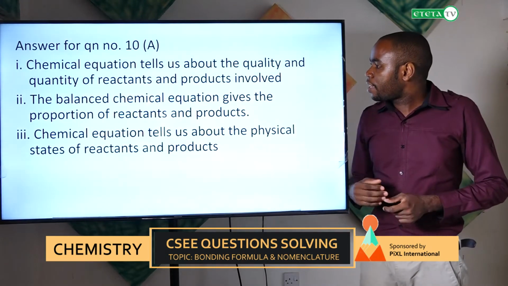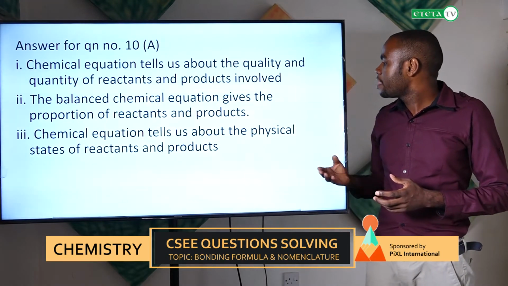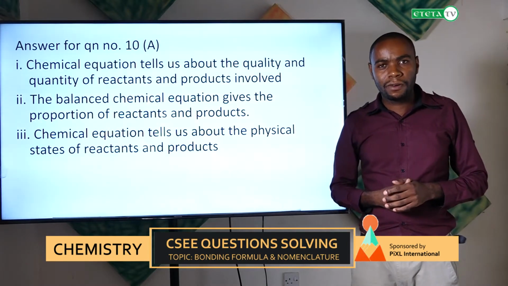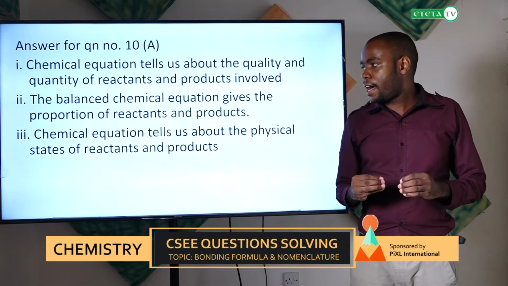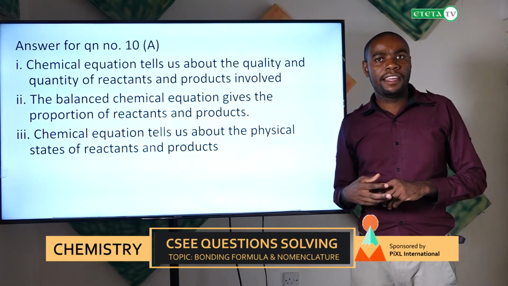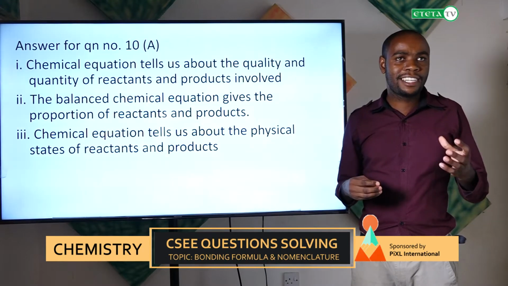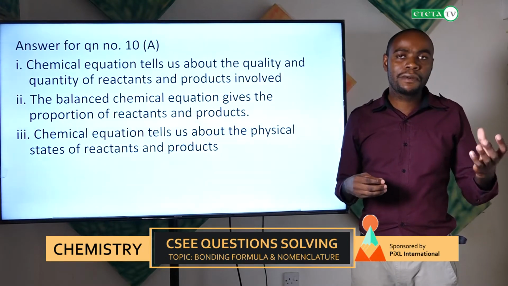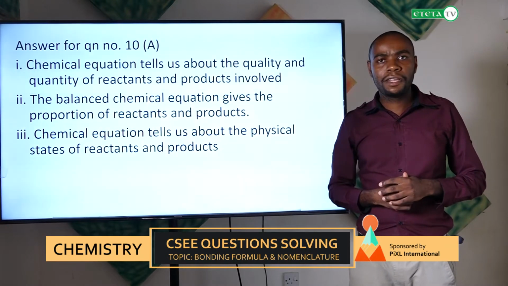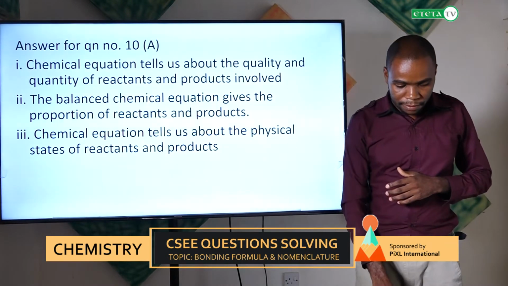Also, the chemical equation tells us about the physical states of reactants and products. If the reactant or product is in gaseous, liquid or aqueous state, it is shown in the chemical equation, not in the word equation.